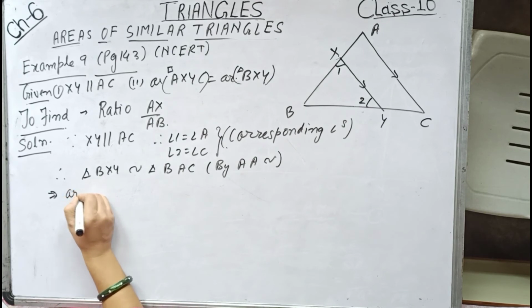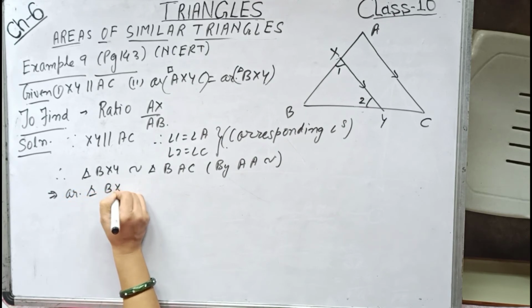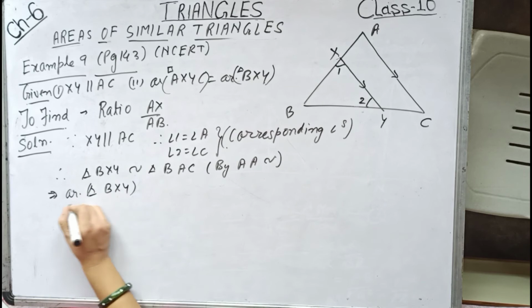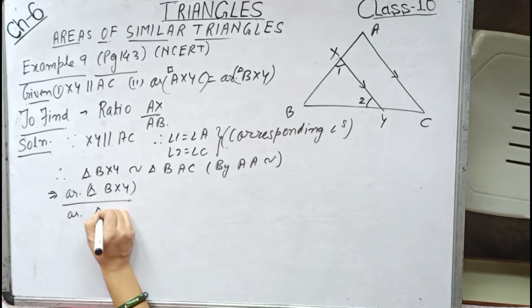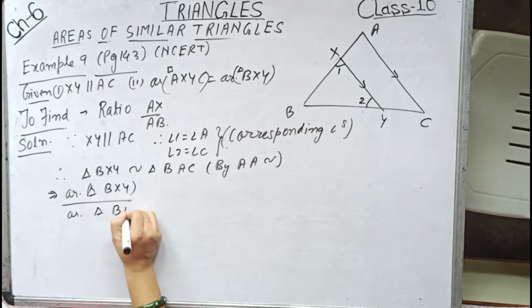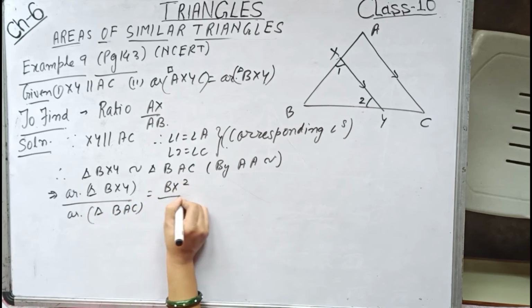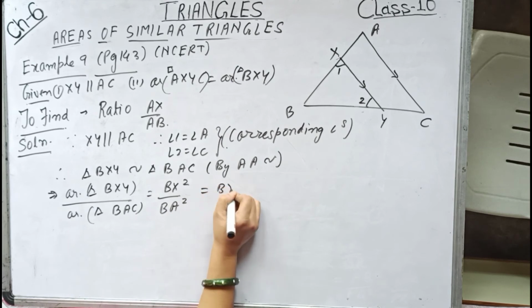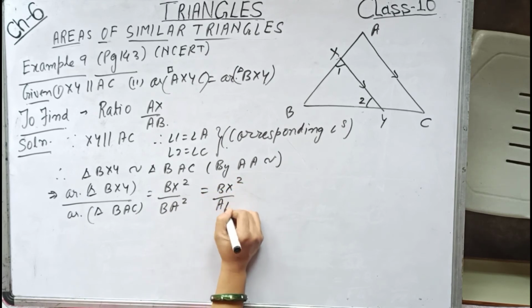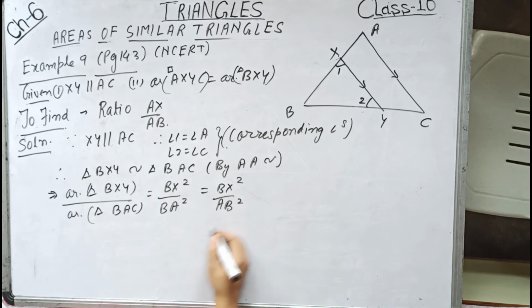So area of triangle BXY by area of triangle BAC equals BX square by BA square, or BX square by AB square also we can write. Let us make it equation number 1.